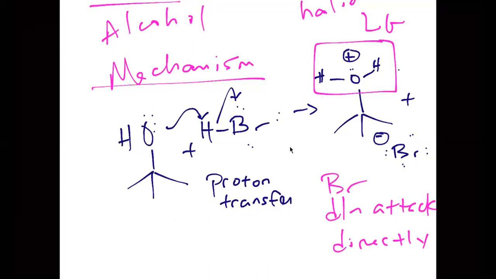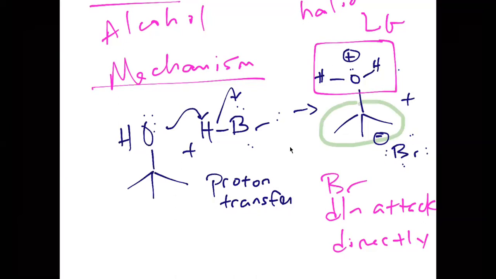It's got to attack the same carbon where the OH is, right? What if I'm trying to turn it into an alkyl halide? Why can't it do it directly? What about all this big stuff out here? So they can't attack directly.